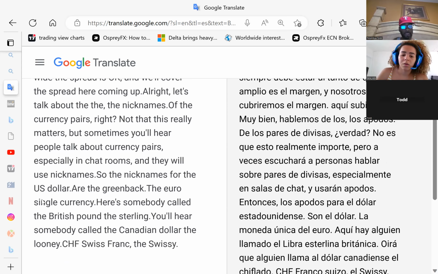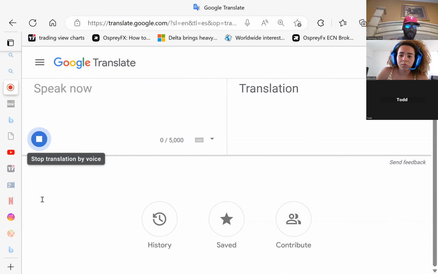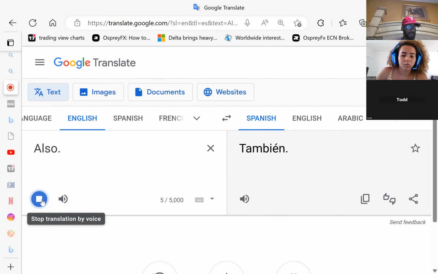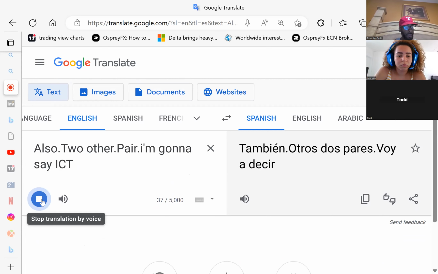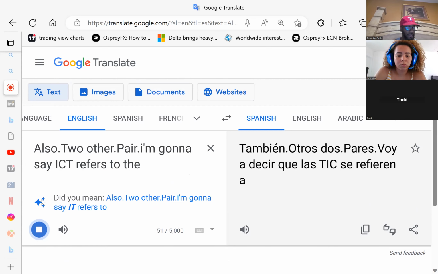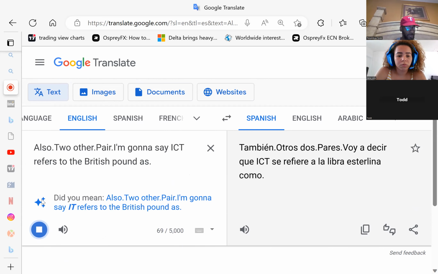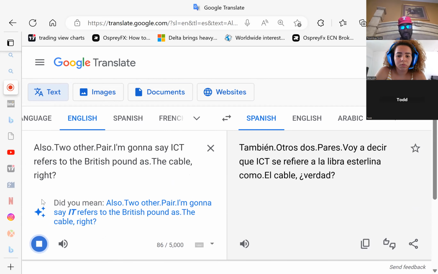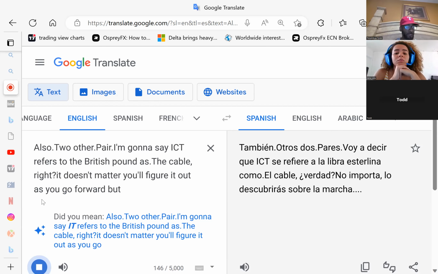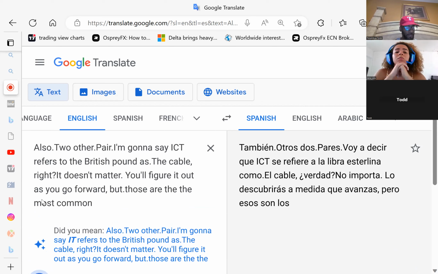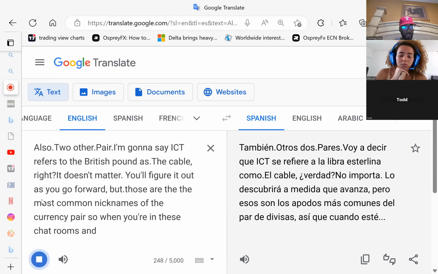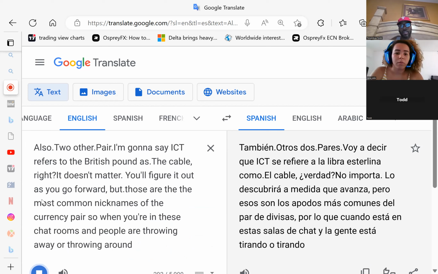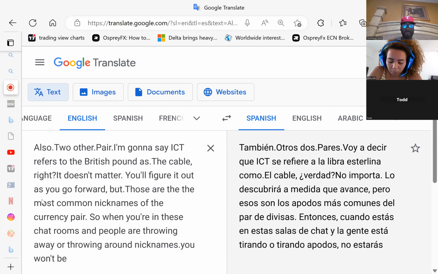So those are important to take note. I want to say ICT refers to the British pound as the cable, right? It doesn't matter. You'll figure it out as you go forward. But those are the most common nicknames of the currency pairs. So when you're in these chat rooms and people are throwing around nicknames, you won't be totally lost.